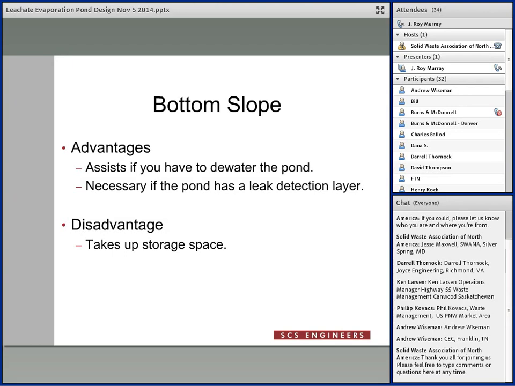If you are in an area where your pond is working almost as much as a holding pond as it is an evaporation pond, then you may want to consider putting a slope and a sump in there so you can really get it pumped out. And of course, the big disadvantage to having a bottom slope is just that it takes up storage space.